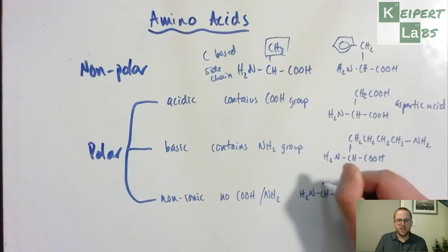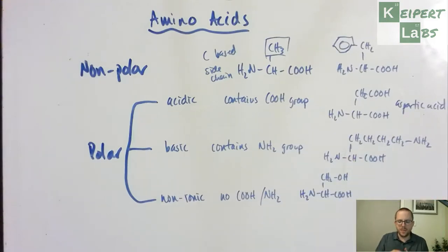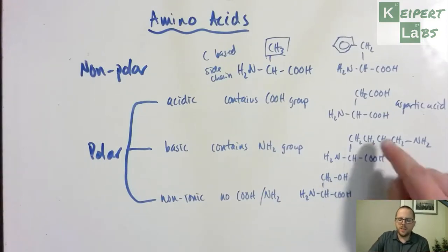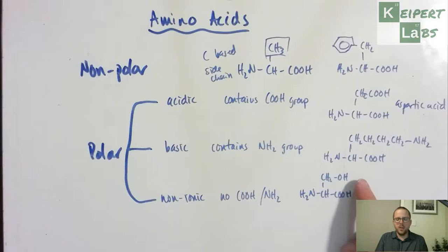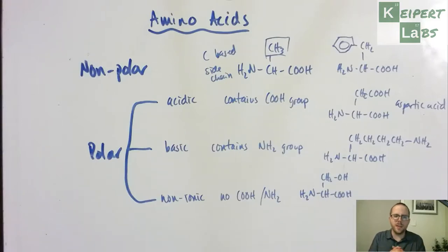Okay, and the reason that we care about this is not only because this is really cool, but also because the way that these side chains interact with other side chains from other amino acids is what gives proteins their structure and their function, and also affects what the protein gets used for. Whether we've got something that's acidic or basic or non-ionic, polar or non-polar, it's going to affect how those interactions occur.